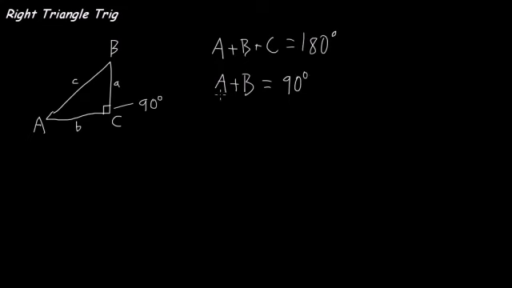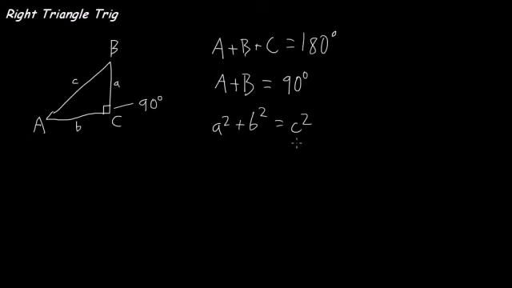So for example, if A is 30 degrees, we know that B is 60 degrees because C is a right angle. We also know the Pythagorean theorem, which says A squared plus B squared equals C squared. And of course here we're talking about the lengths of the sides.